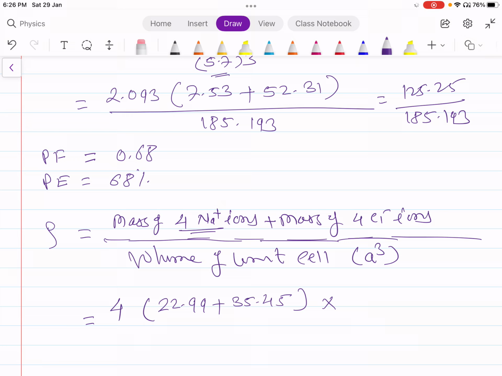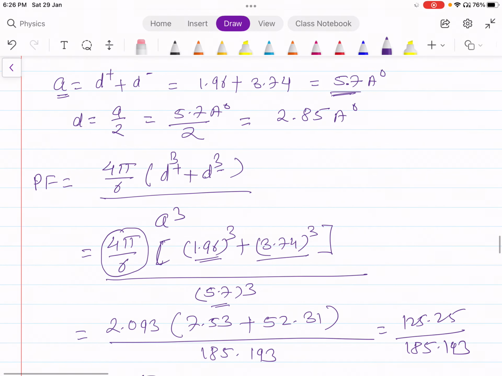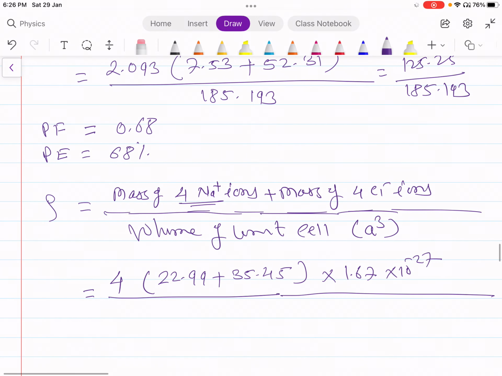We have to convert this into kg, so into 1.67 into 10 to the power minus 27, and divided by a cube. We know the value of a. This is a, 5.7 angstrom. We have to convert that into meter, so 5.7 into 10 to the power minus 10 meter, and cube of this.